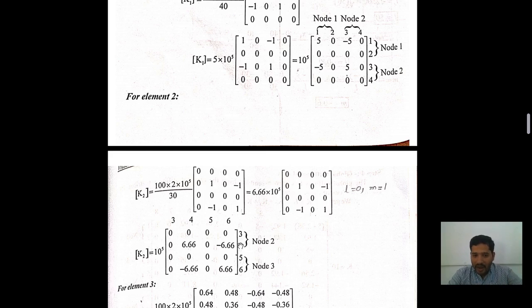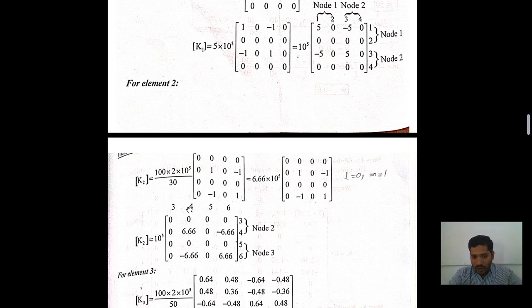These 3 and 4, I am repeating here, 3 and 4, what can we say? We can say as node second. 5 and 6, what can we say? We can say as node third. Clear? No confusion for this one. 3 and 4 we can say as node second. 5 and 6 we can say as node third.